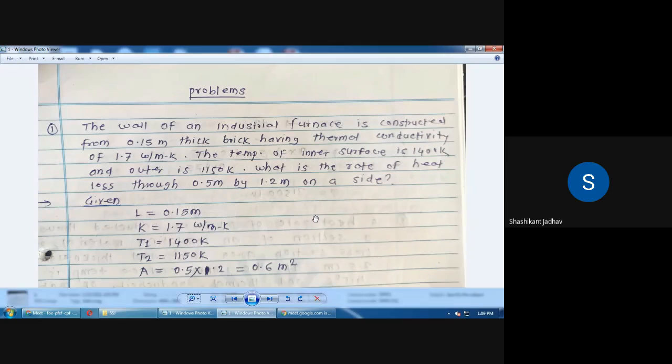Write down the unit also. What is the unit of Q, the rate of heat transfer? That is joule per second, which means watt. So the answer should be in watt. What about the others? Put your answer in the chat box.